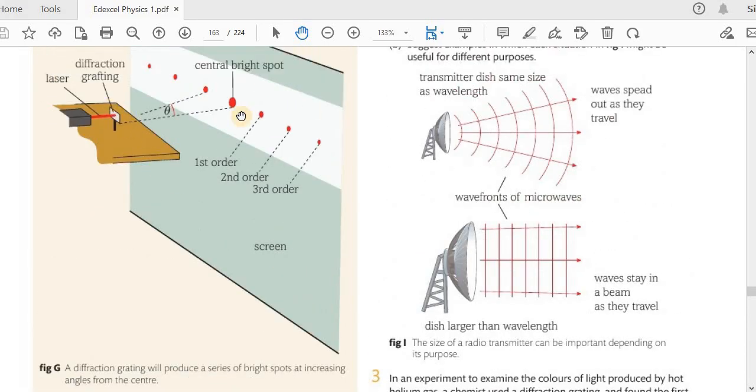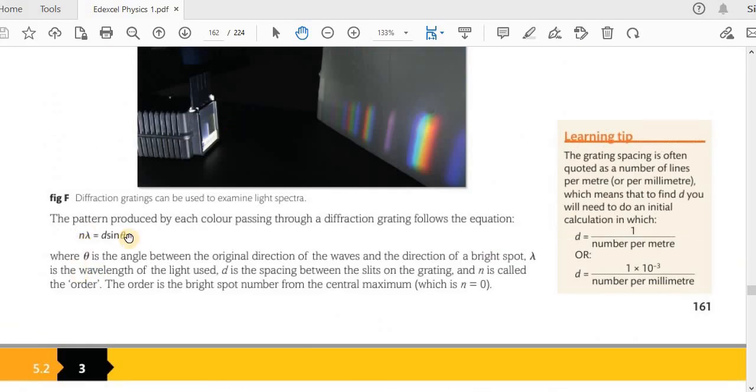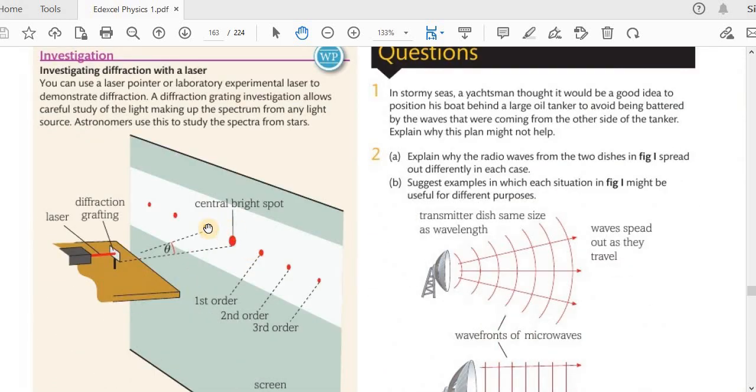So here we have the diffraction grating, then this is the angle. If you substitute 1 for n, the first one is 1, the second one is 2.